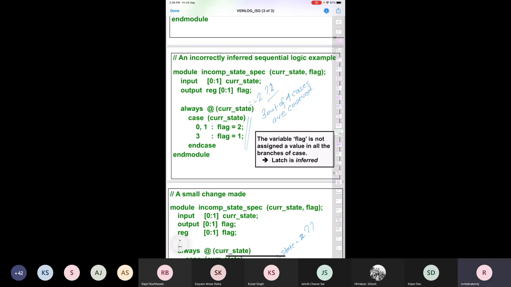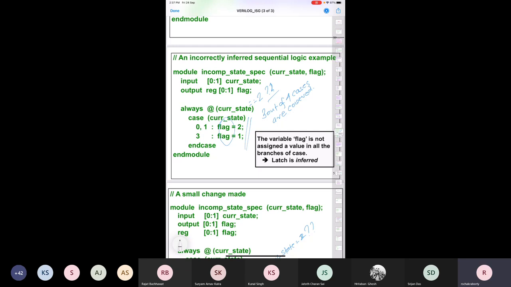So I will just preserve whatever value was there earlier at the output variable flag. This means I will remember the old value that was there in flag. This is the classic definition of the behavior of a latch, right? So there is a memory element in it.